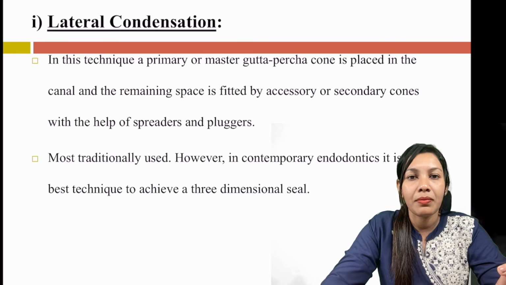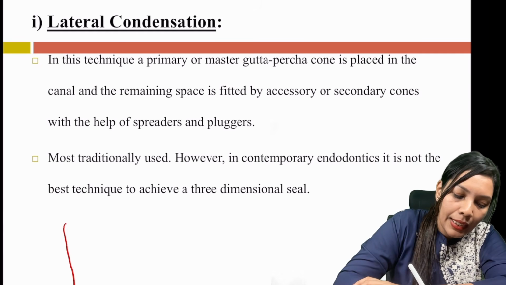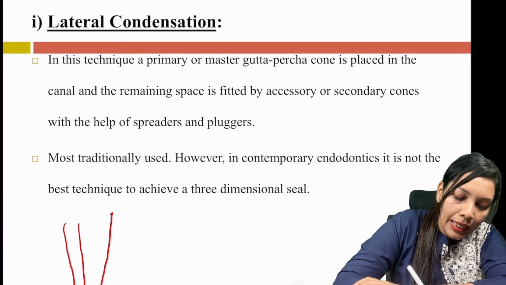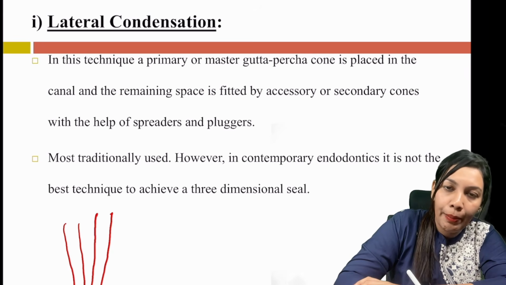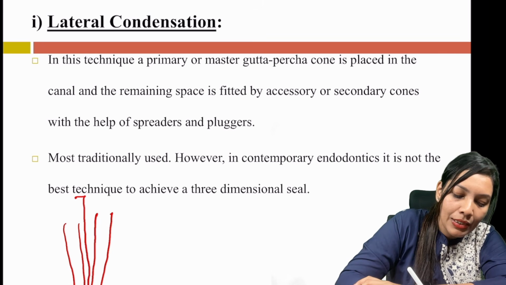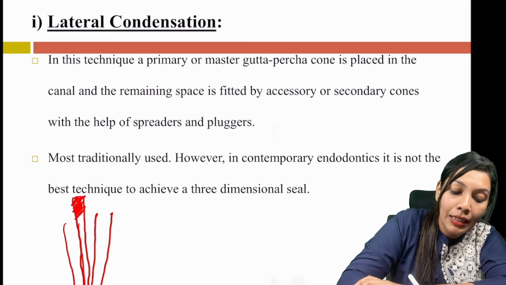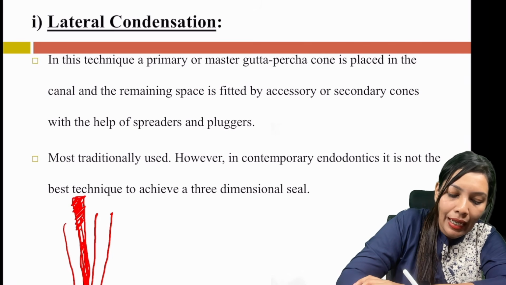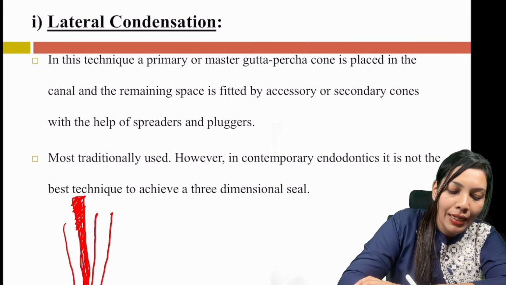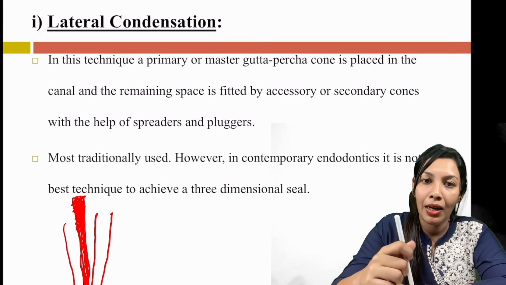First is the lateral condensation technique. Normally this is the tooth, and we will be doing the cleaning and shaping of the root canal. First, we will place the master apical gutta percha cone. The master apical gutta percha cone is the one that fits the apical part of the tooth. Once it fits into the apical part of the tooth, we bring a spreader.